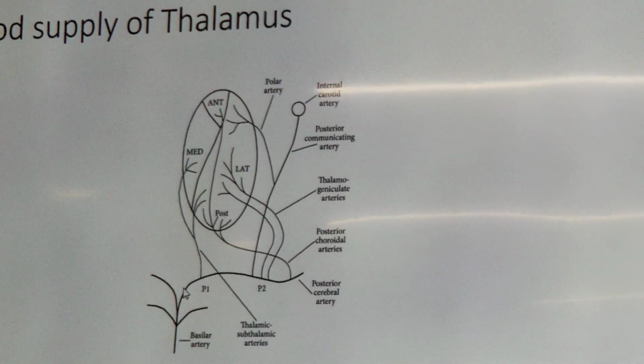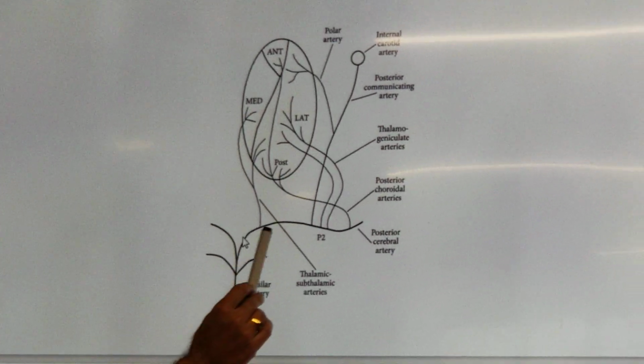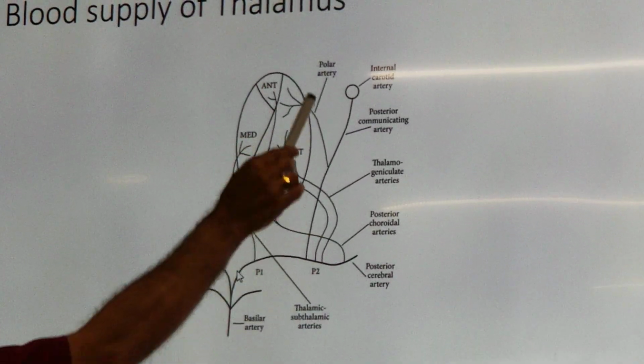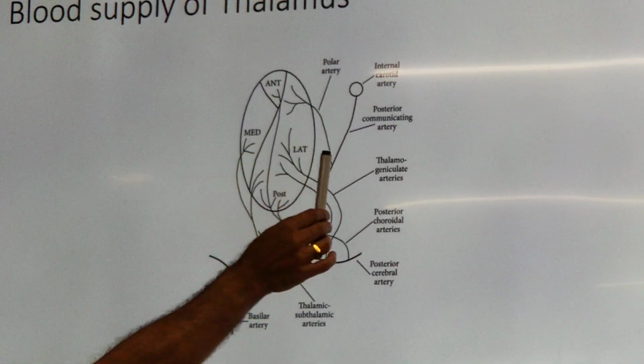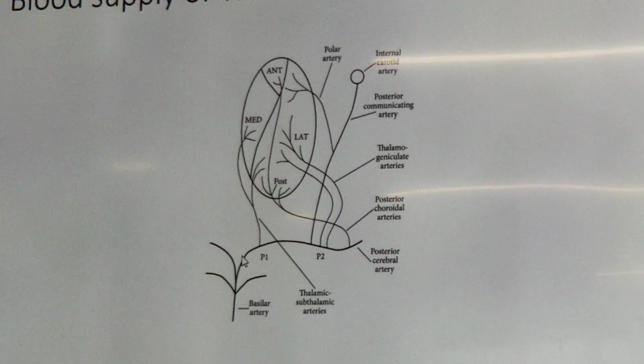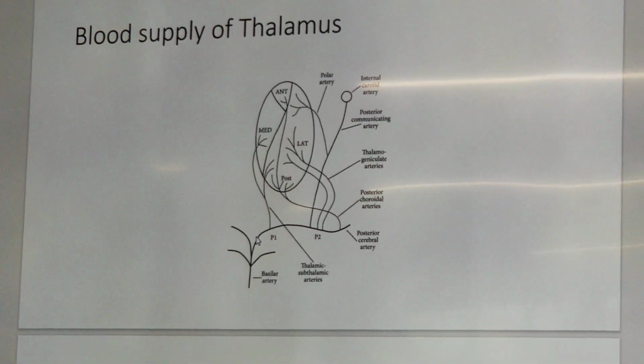So most of the branches are coming from the posterior cerebral artery, except part of the lateral anterior part, the polar artery, that is supplied by the posterior communicating artery. So only a very small portion is supplied by anterior, it is predominantly posterior.